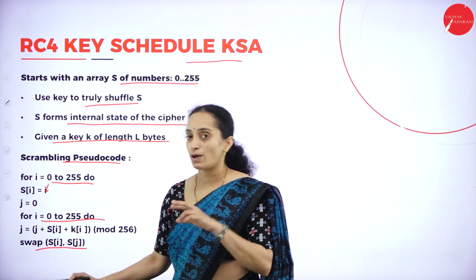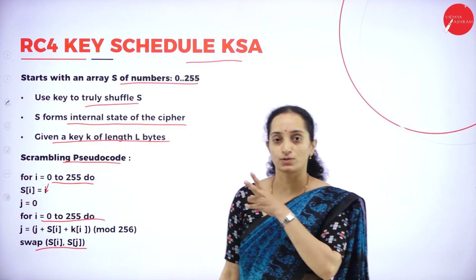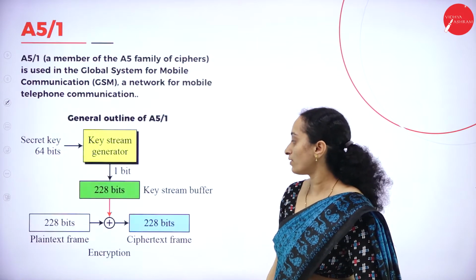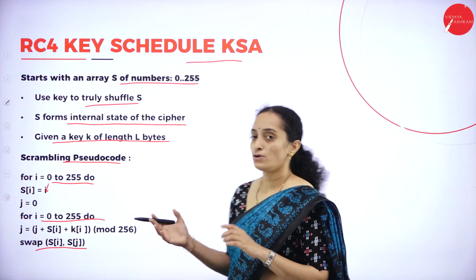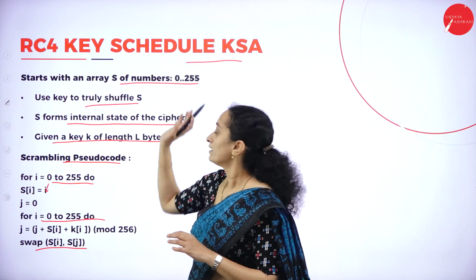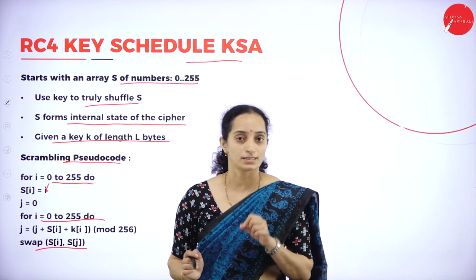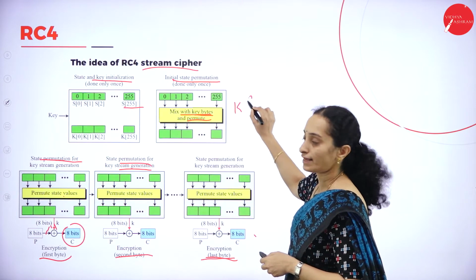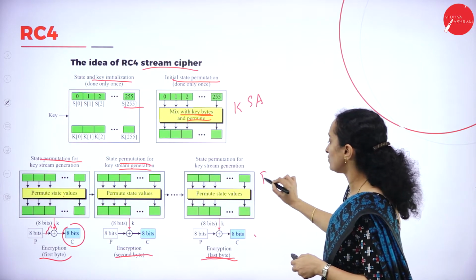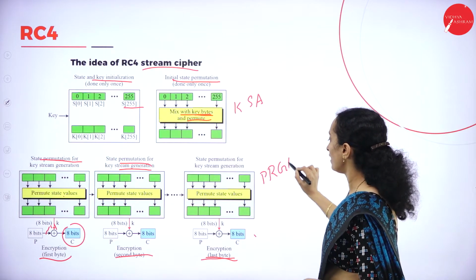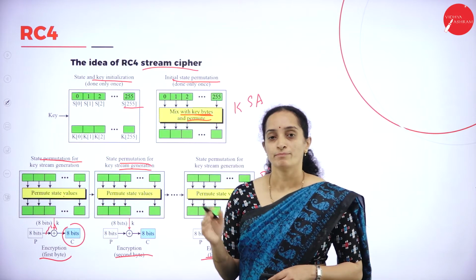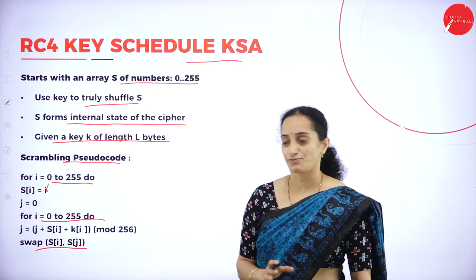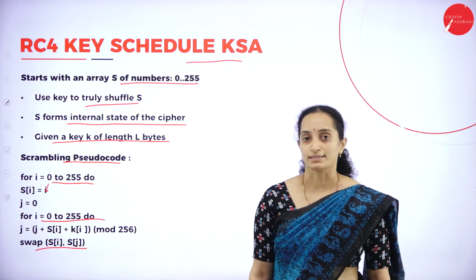Then swap the values. These are the first two steps in the KSA key scheduling algorithm. Then it will permute further in the KSA algorithm. So this is the KSA algorithm in the first two steps. This uses the KSA algorithm, and this uses the PRGA algorithm, to permute and get the cipher text in the RC4 ciphering, right?